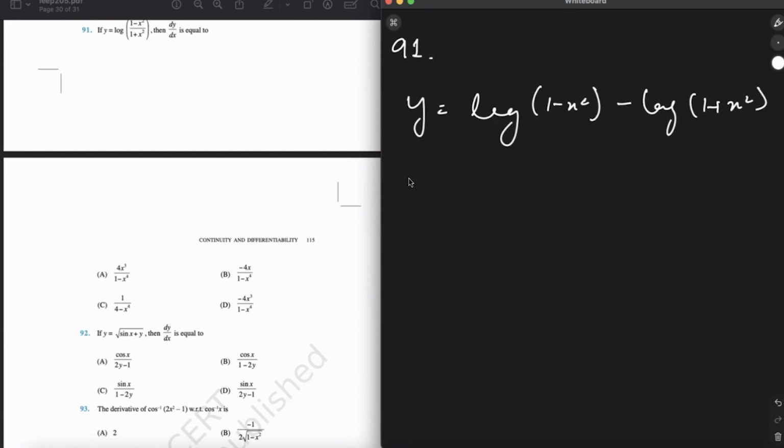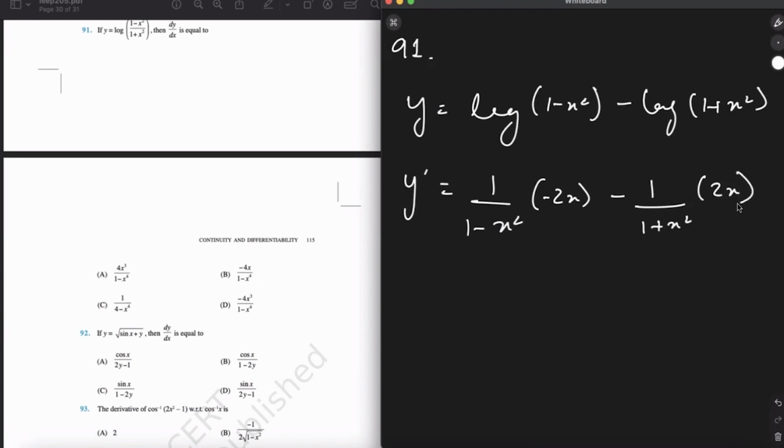So if I differentiate it, I will have this. So the correct option will be option B.